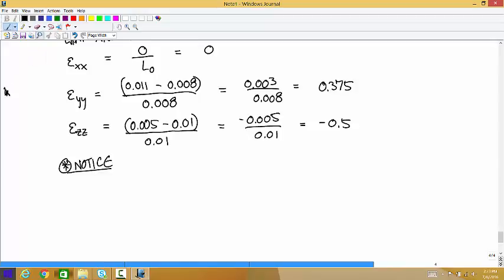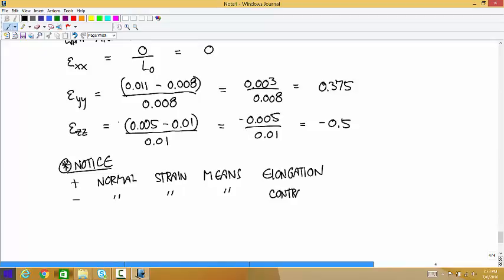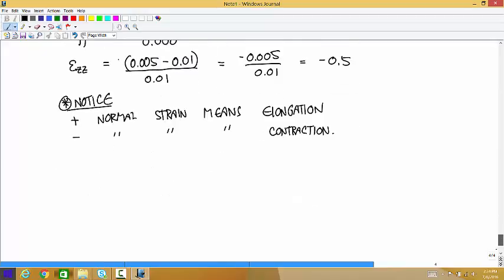A positive normal strain means elongation, and a negative normal strain means contraction. Any questions about that?